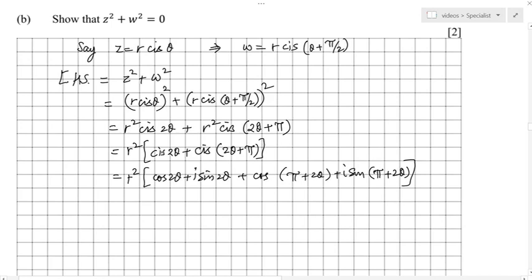Now here we use two identities, the pi plus identities.